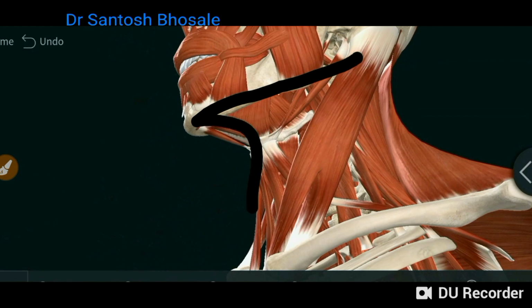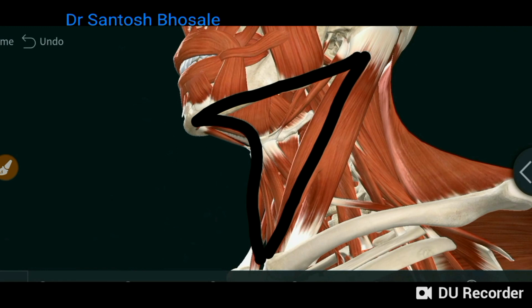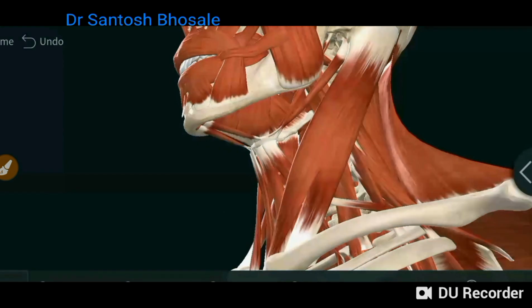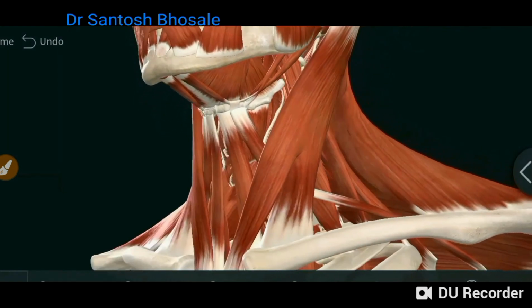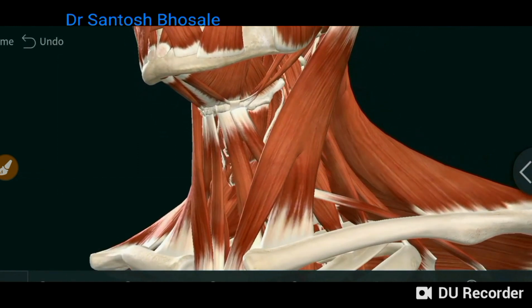Again, you can see in the lateral view how it is there, and it is subdivided into many other triangles by the suprahyoid and infrahyoid muscles, and these triangles are named depending upon their location or depending upon the contents they have.